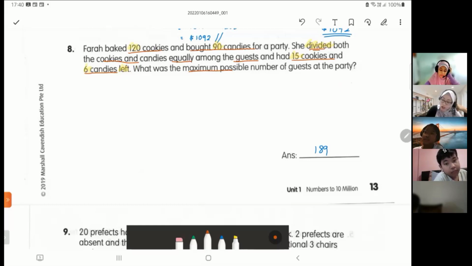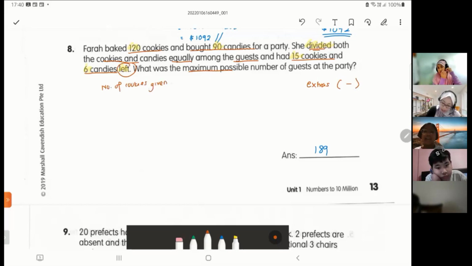What do I do with extra? I take away. So the number of cookies given out will be 120 take away the extra 15 cookies, equals to 105.